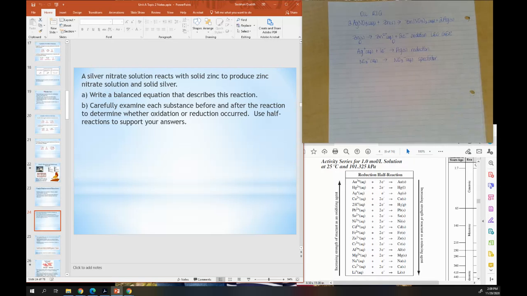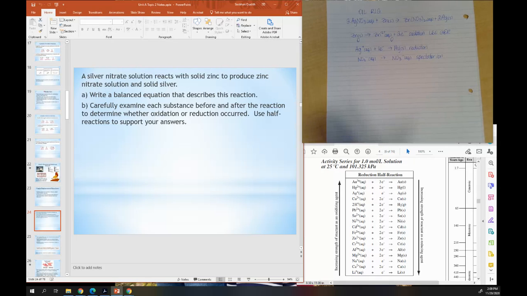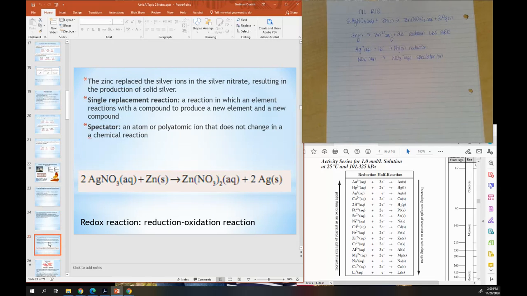So if you think about what the word spectator means, if you're a spectator, you're watching something, right? But you're not necessarily involved in the process. So although the nitrate is there and it is kind of involved, it's not actually changing. So it really is just a spectator. It's not really doing much other than spectating or watching the reaction. Okay.